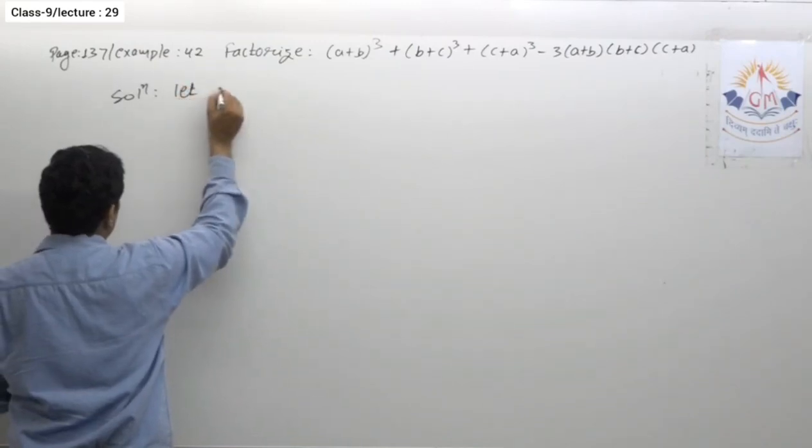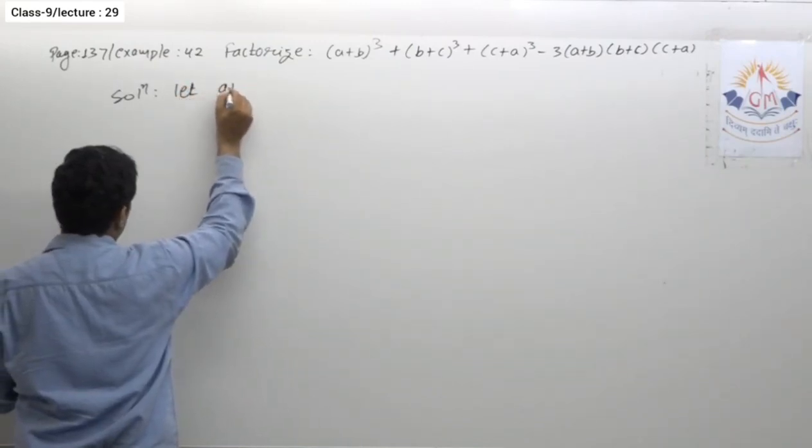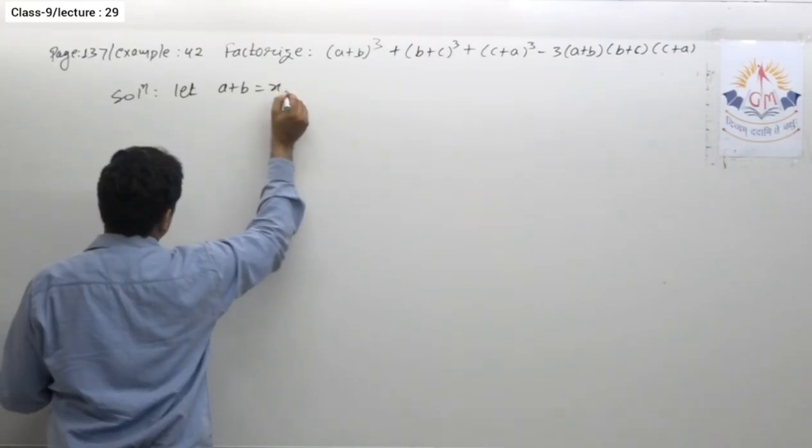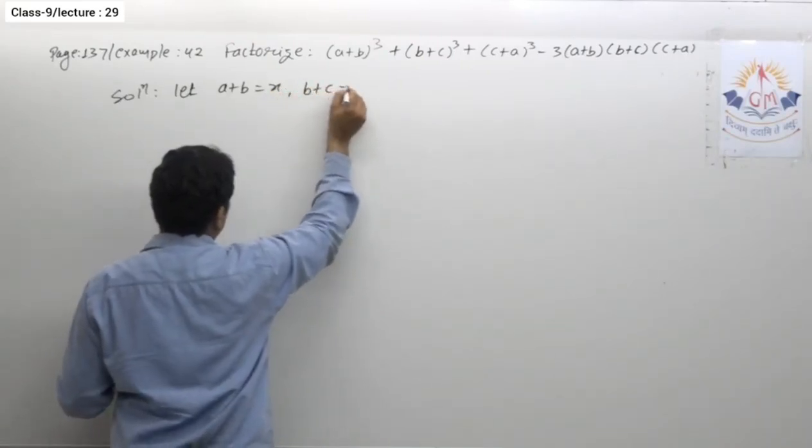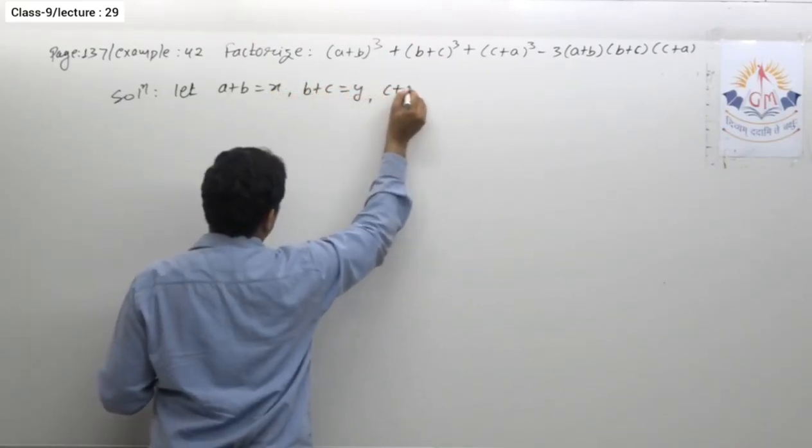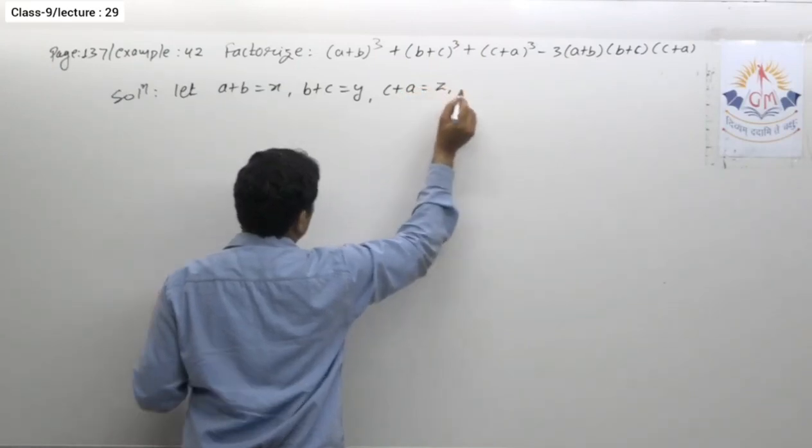So let a plus b is equal to x, b plus c is equal to y, c plus a is equal to z.